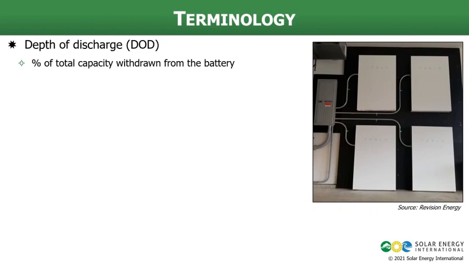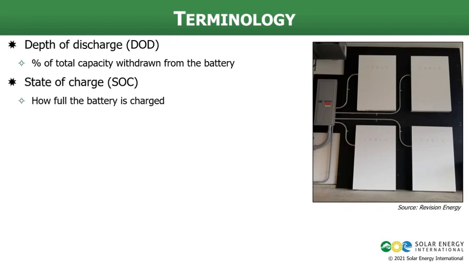I will say depth of discharge is primarily used when designing systems. We very rarely use depth of discharge as a term when describing a system that is operating. When the system is operating, we typically refer to state of charge, or SOC, and that's how much capacity is remaining in the battery.